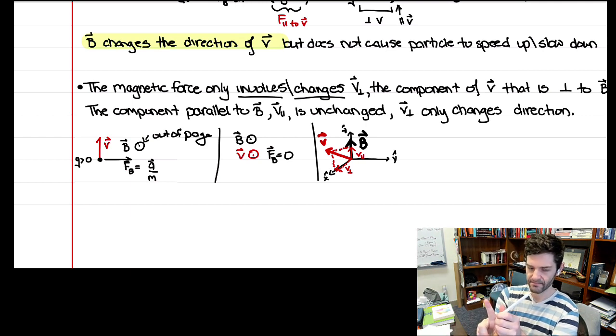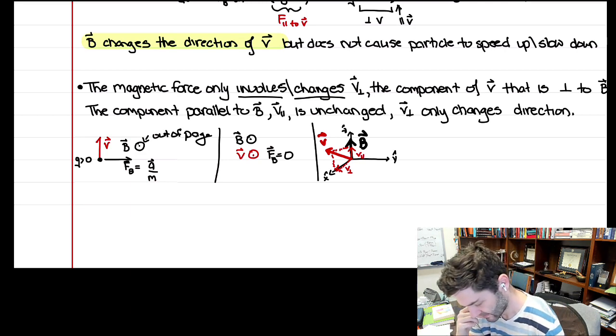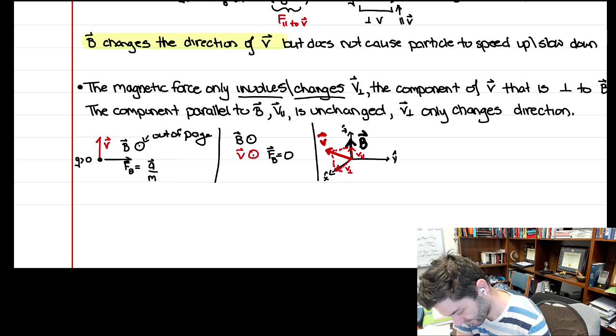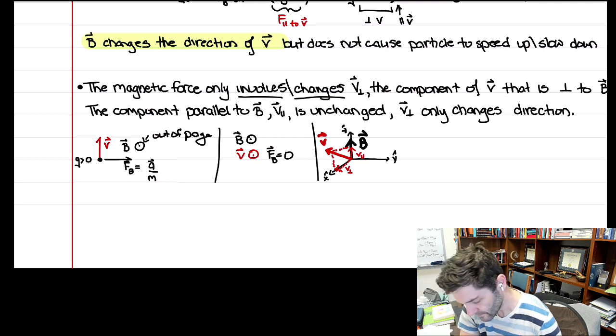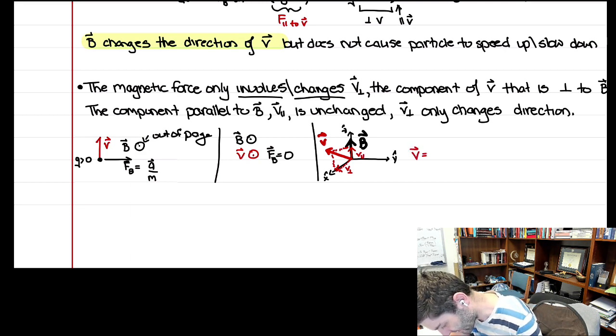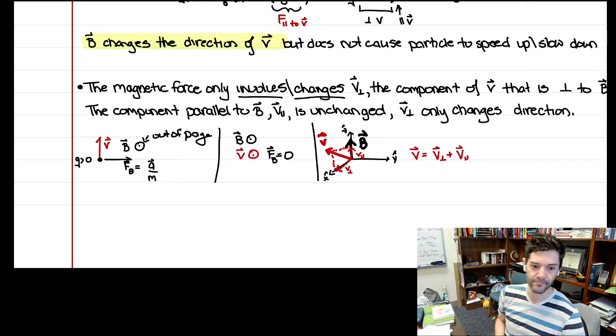Again, I did not assume that the velocity and the magnetic field started perpendicular to each other. In this case they're not. It looks like they're at maybe a 45 degree angle with one another. You can imagine I could write this velocity vector as a sum of two vectors, one just along the x direction and one just along the z direction, using the example in the drawing.